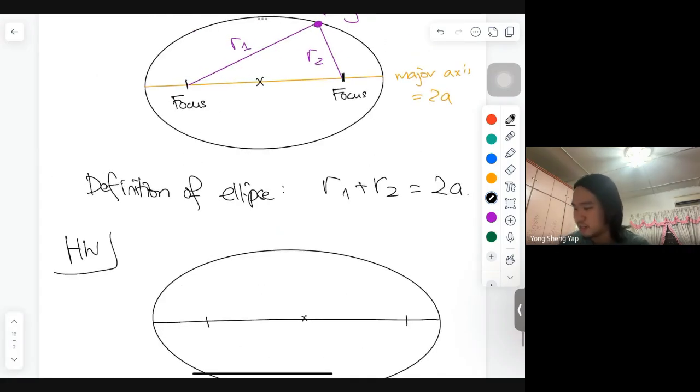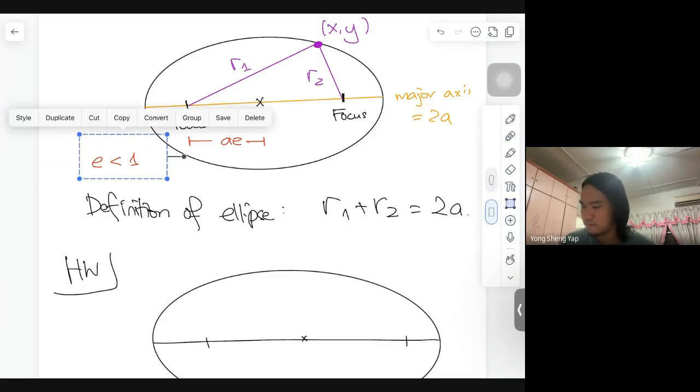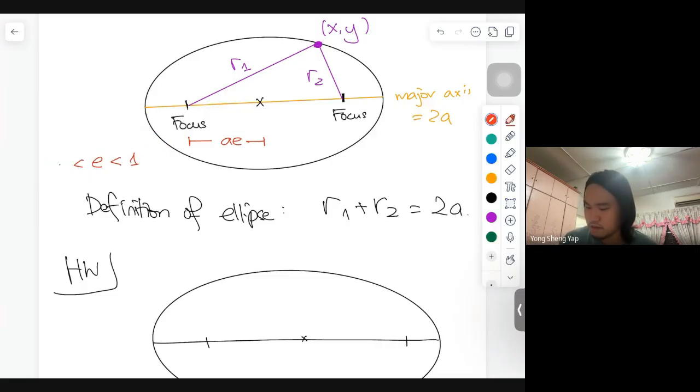Sorry, I should say a little bit more. So there's this distance over here of an ellipse, which I will call AE, where E is less than 1 and larger than 0. Basically, it's just a portion, like if E equals 1, then this point is over here.